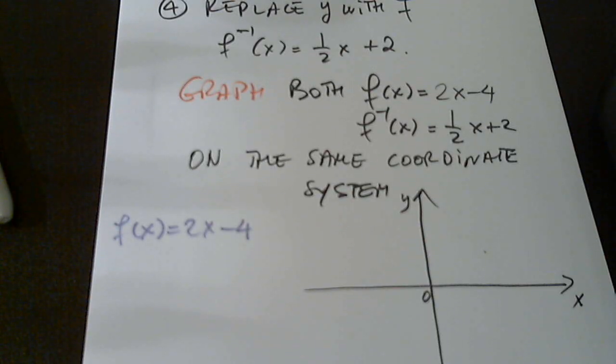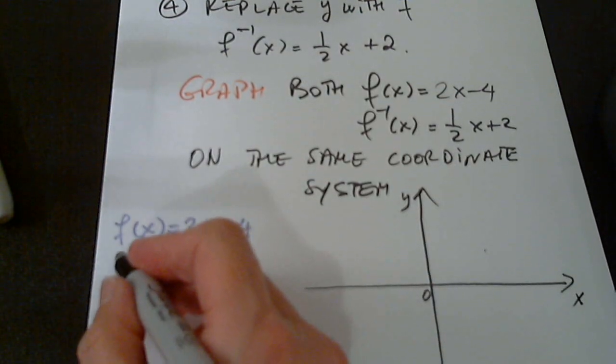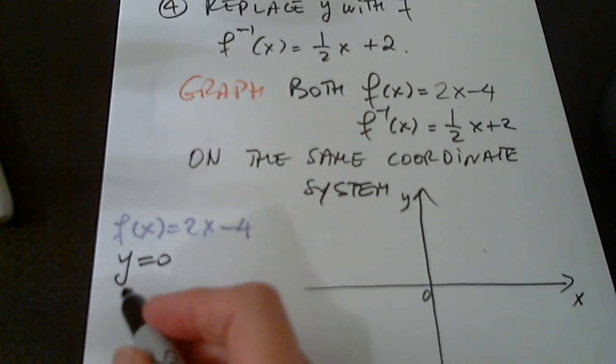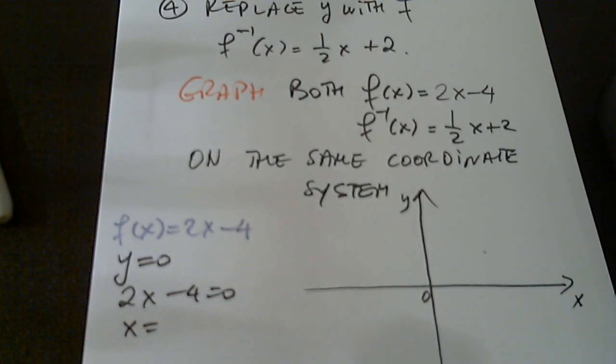Set it to 0. Yes, what am I setting first? Yes. 2x minus 4 equals 0. So in other words, you're saying y equals 0. Perfect. Okay, 2x minus 4 equals 0. How much is x? Perfect. 2. Yes, x equals 2.